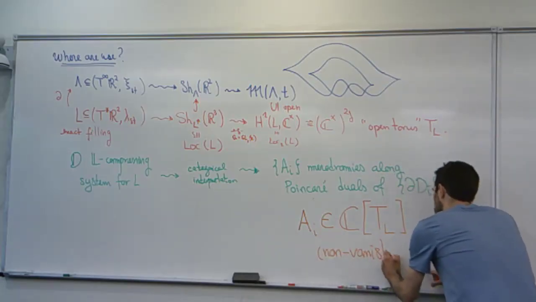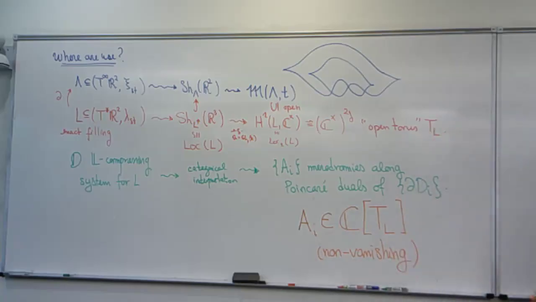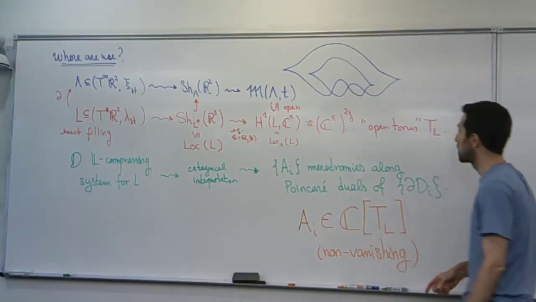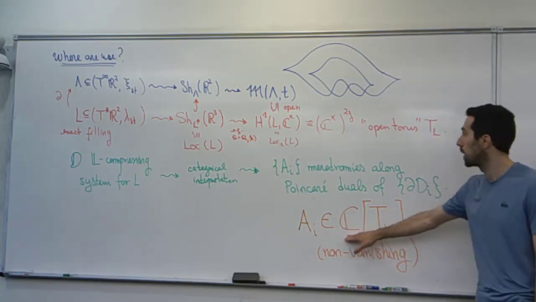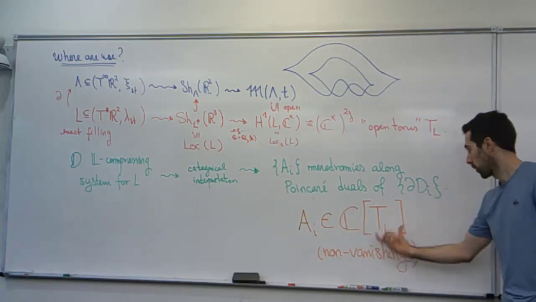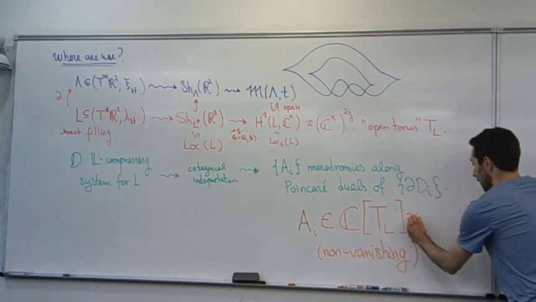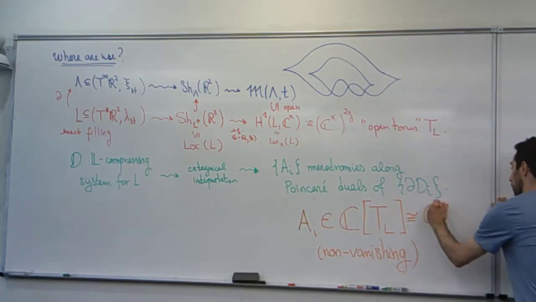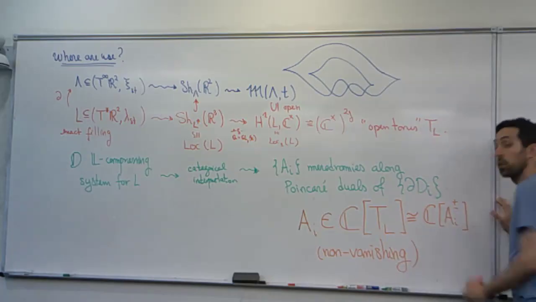So it's a non-vanishing function. Another way to say it is that what these coordinates do for you is they choose an explicit isomorphism between the functions on the torus and the Laurent polynomials. So this is exactly this isomorphism.